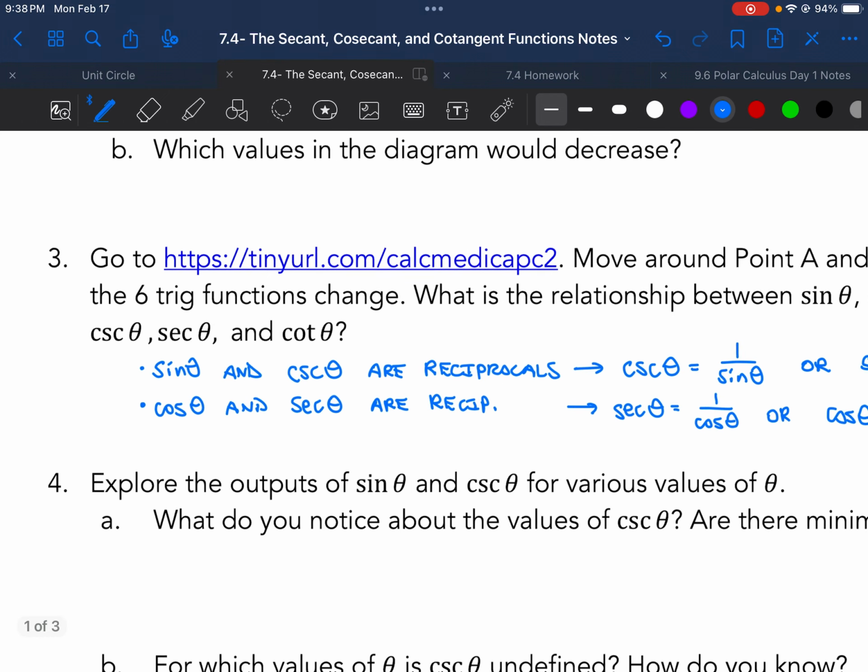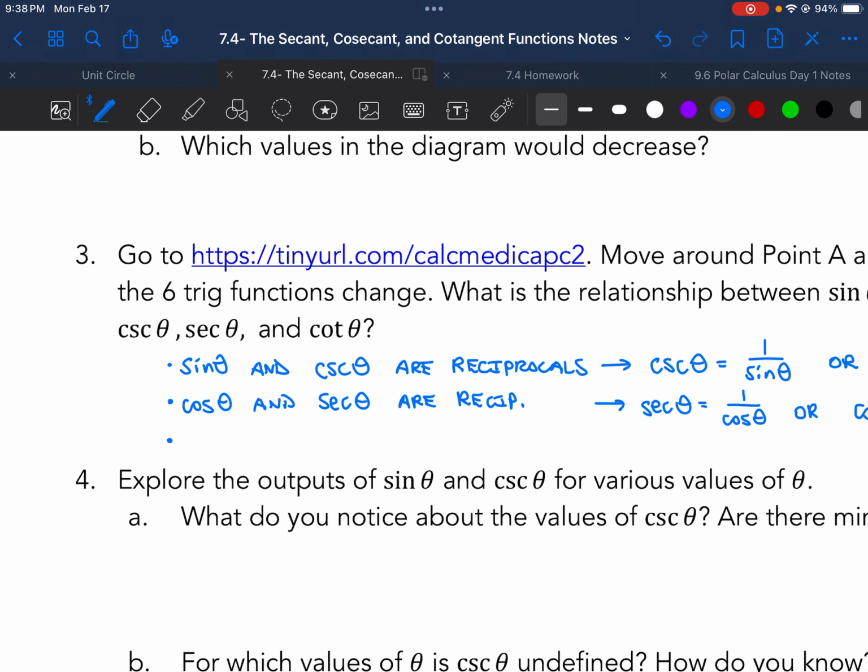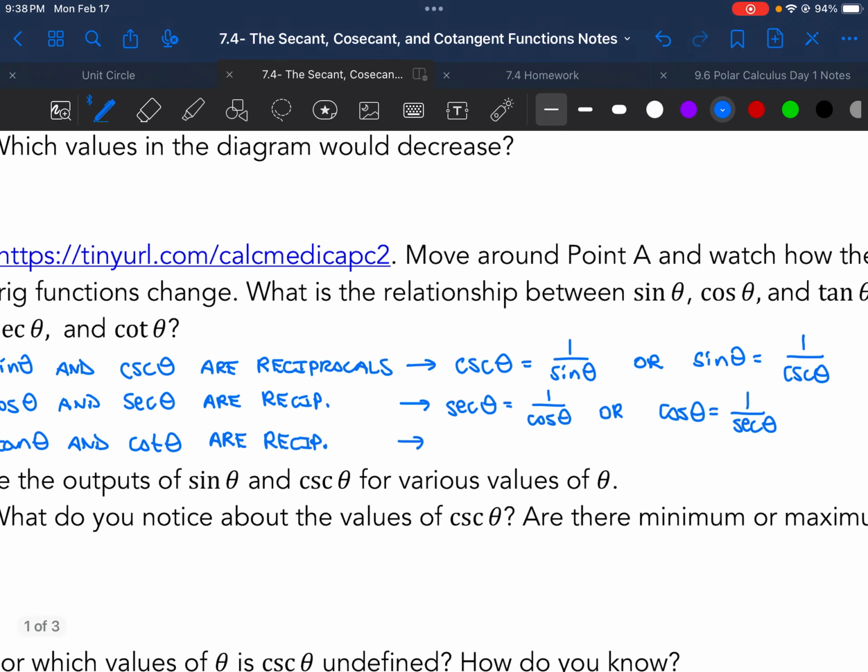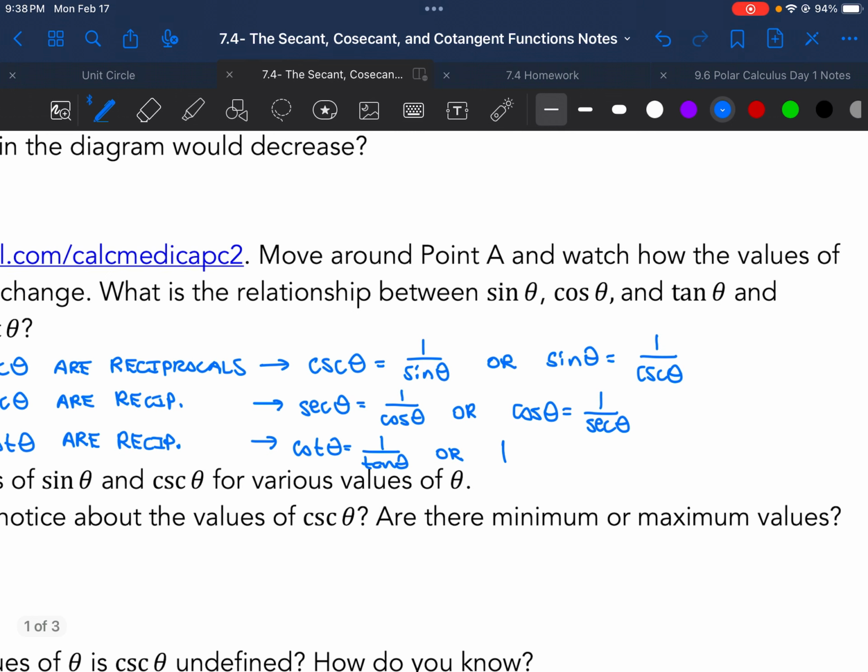Okay? And then third, the tangent of theta and the cotangent of theta are also reciprocals of each other, meaning cotangent of theta is equal to 1 divided by the tangent of theta, or tangent of theta is equal to 1 divided by the cotangent of theta.